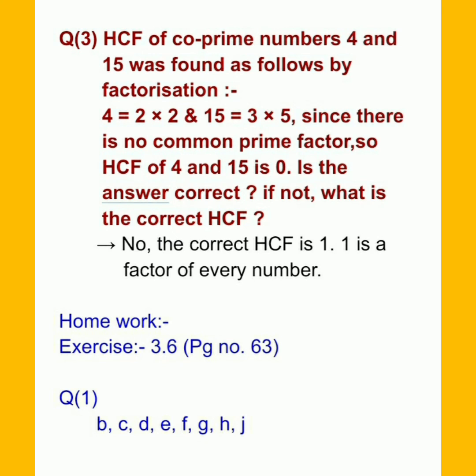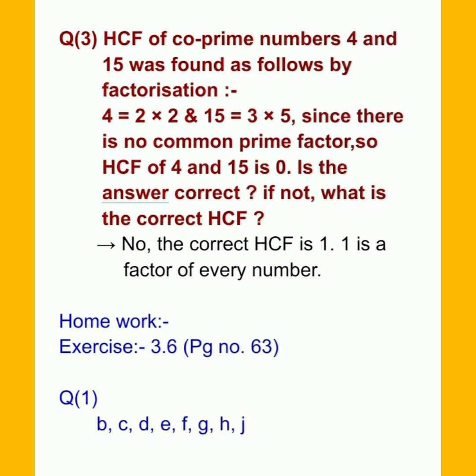They have found that 4 equals 2 into 2 and 15 equals 3 into 5. Since there is no common prime factor, the HCF of 4 and 15 is 0.